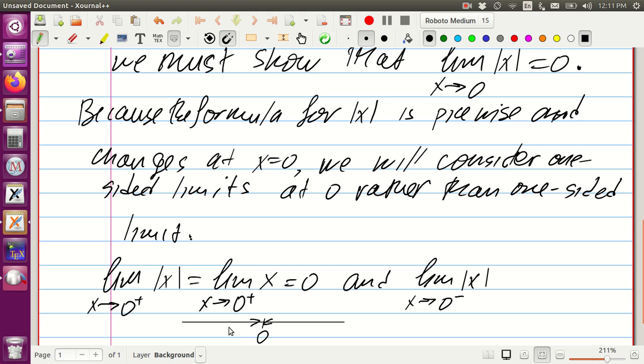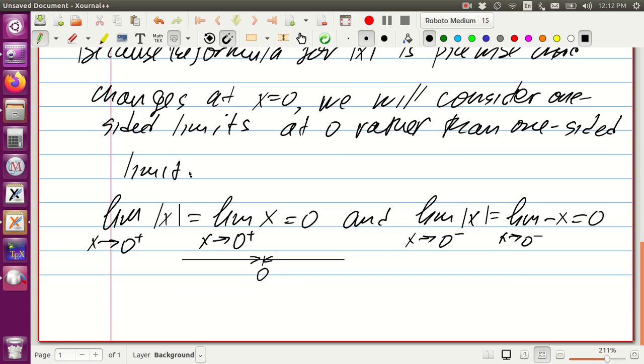So we're going from left, so we take negative numbers. And when inside of the absolute value we have negative numbers, we have to put an extra minus up front. So we're going to get limit of minus x as x goes to 0 from left, but we still get 0.